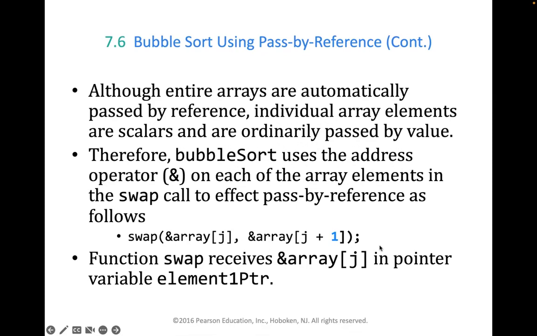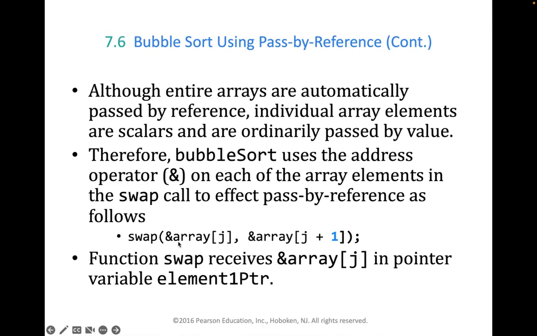So the function call is like this: swap, ampersand array[j]. We know array[j] is an element of the array. Then the ampersand symbol gets the address of this element.